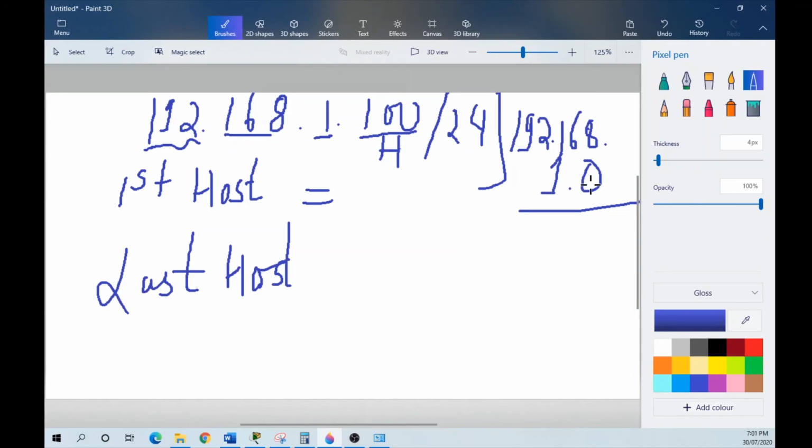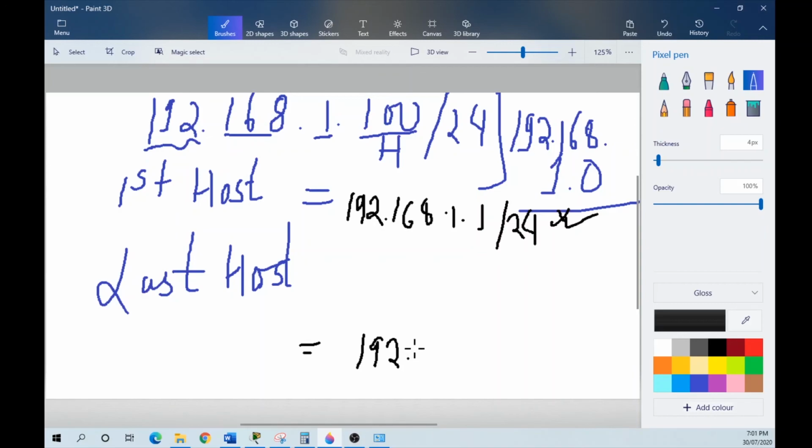So the network address would be 192.168.1.0. The next IP address on this subnet would be 192.168.1.1/24. This is the first host. And for the last address from this range we can put 255 at the end, that would be 192.168.1.255/24.